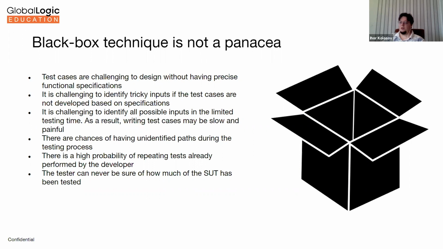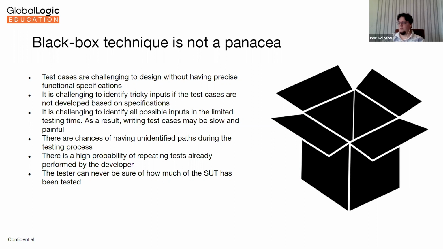Also, it is challenging to identify all possible inputs in your limited timeline. So as a result, your test case creation may be slow and painful, and there are some chances of having unidentified paths during the testing process.